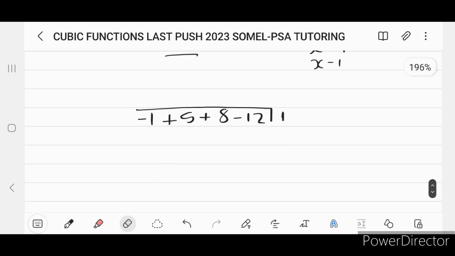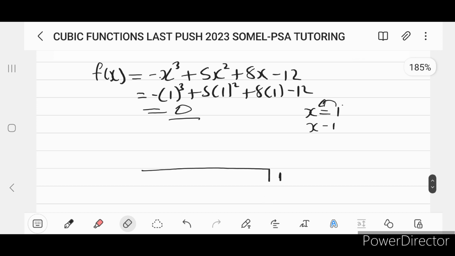Here, whatever I have as the first factor, I will drop it down. Let me write the coefficients up here as minus 1, plus 5, plus 8, minus 12.